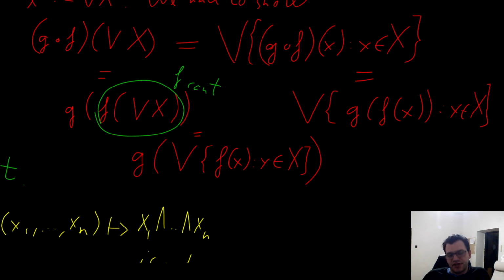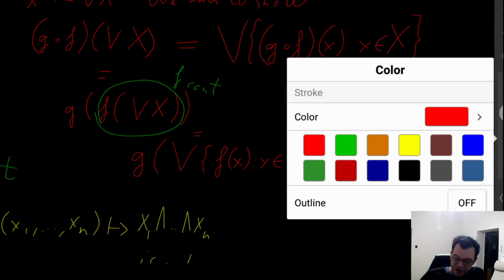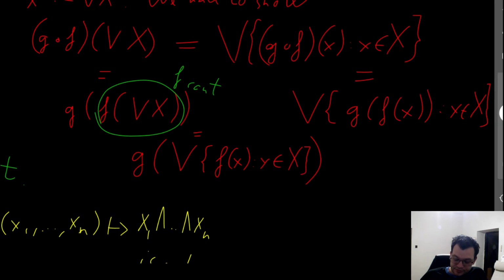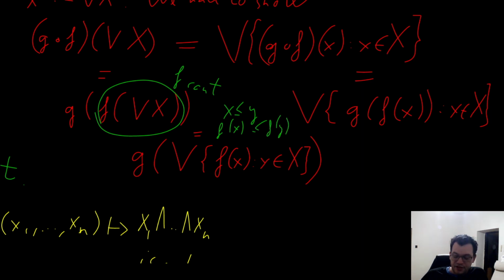Now, since g is continuous and g is applied on a supremum, I am able to swap these two operators if the inside of this supremum is a chain. But this is again a chain, because if x is smaller than y, then f of x is smaller than f of y. If you pick two elements from this set, say f of x and f of y, since originally x and y were members of a chain, they are comparable.